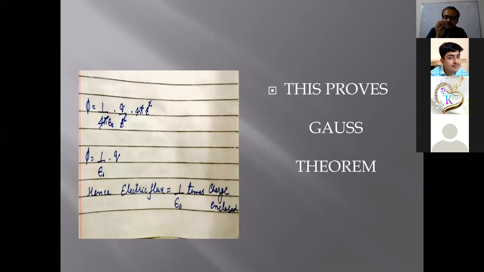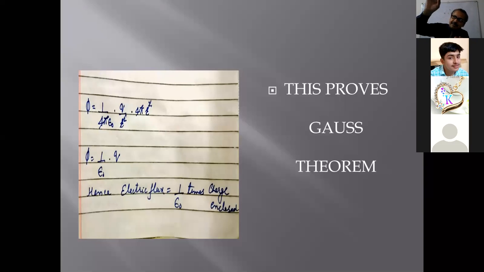We have considered a small charge q at a point O. To find the electric flux at a distance of r, we considered a Gaussian surface. And as I have told you, for a point charge the Gaussian surface will be a sphere. It is a sphere of obviously radius r.